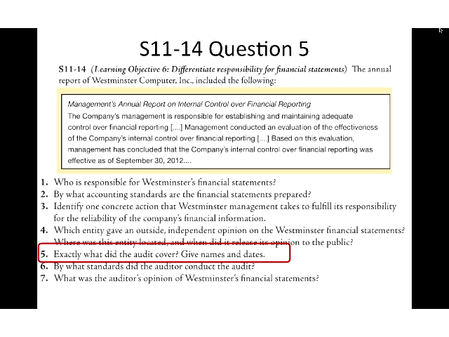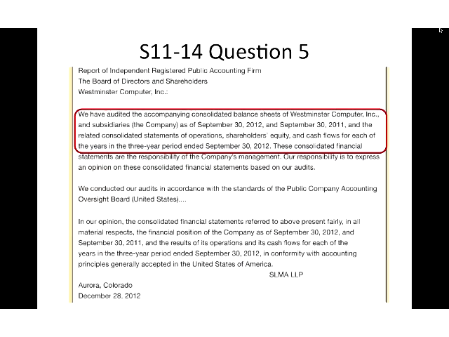Okay. Now, question 5 says exactly what did the audit cover? Well, it's asking about the audit, so we're going to have to go to the audit report. That's where we go back to that other excerpt that's given in the problem.